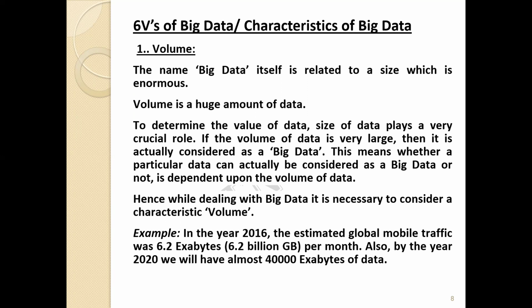For example, we have stated here that in the year 2016, the estimated global mobile traffic was 6.2 exabytes per month. 6.2 exabytes is nothing but 6.2 billion gigabytes. So this large volume of data has been stored. First V is volume.